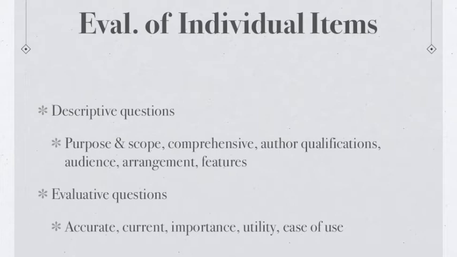For example, we ask descriptive questions: purpose and scope, comprehensiveness, author qualifications and experience, treatment and audience, arrangement or organization of the material, special features, style, is hardware or software required for effective use?